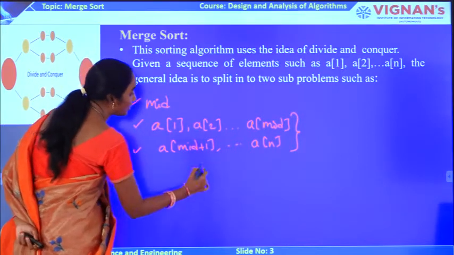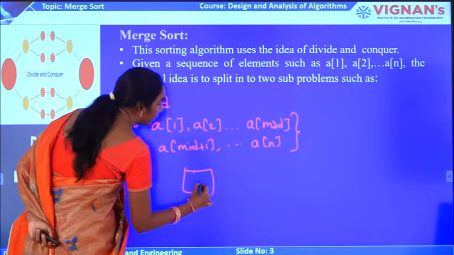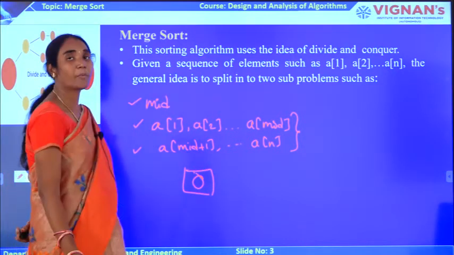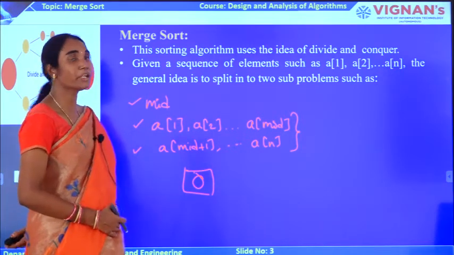This division is applied until I have only a single element in the sublist. So I divide and divide according to the mid position.